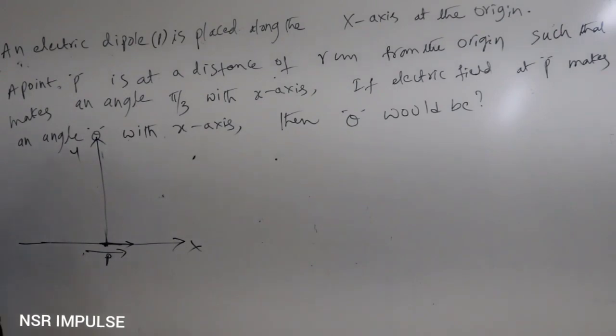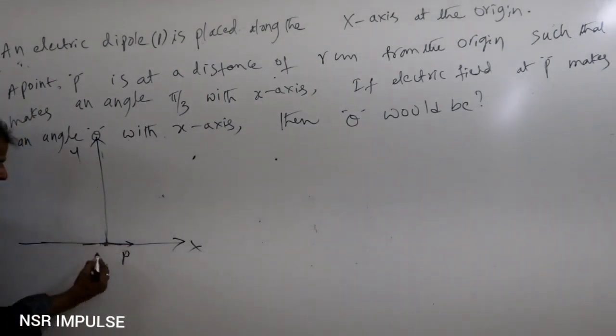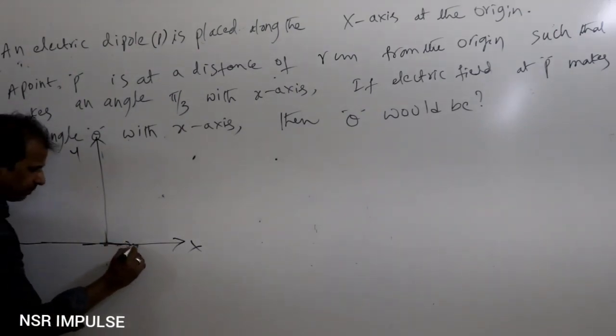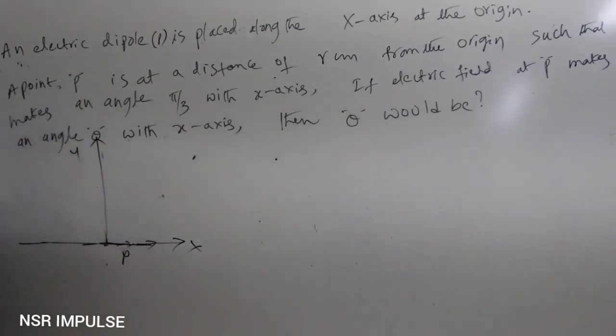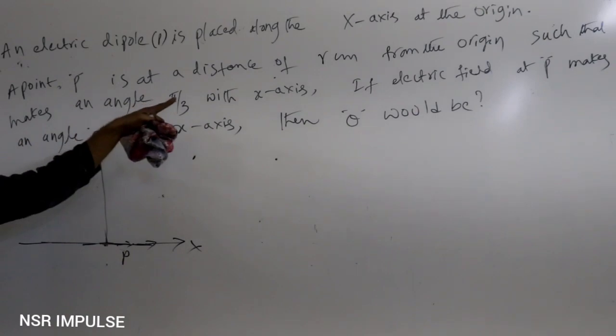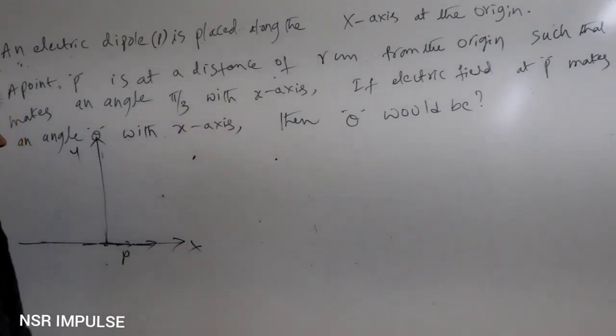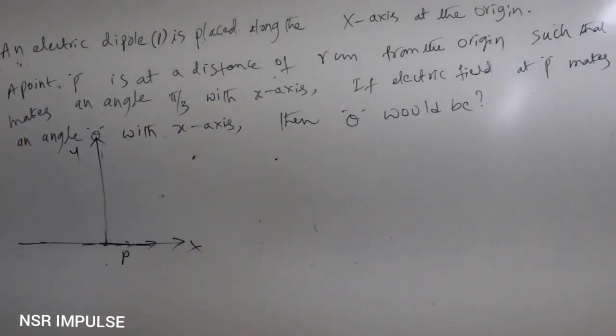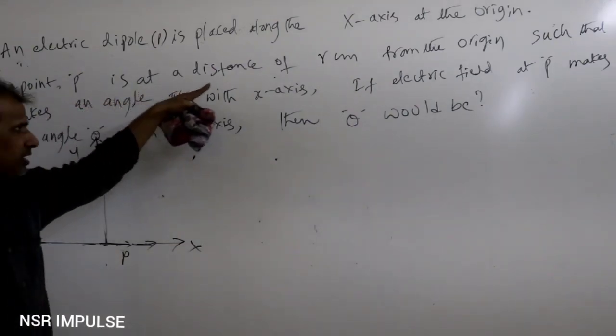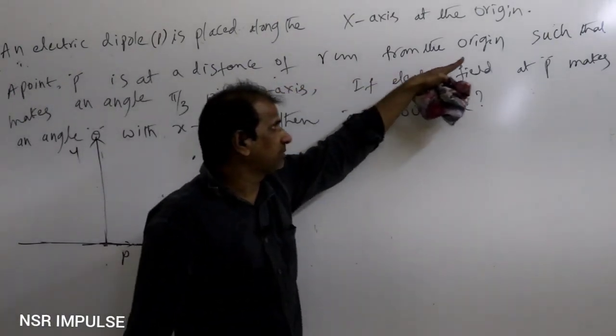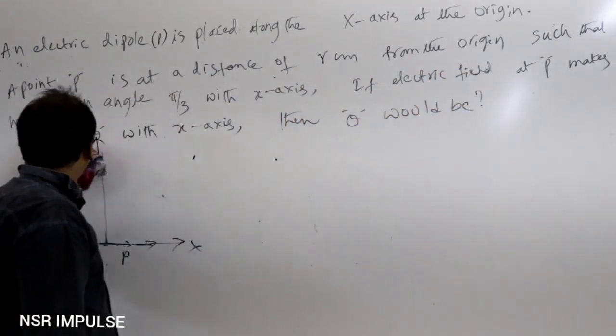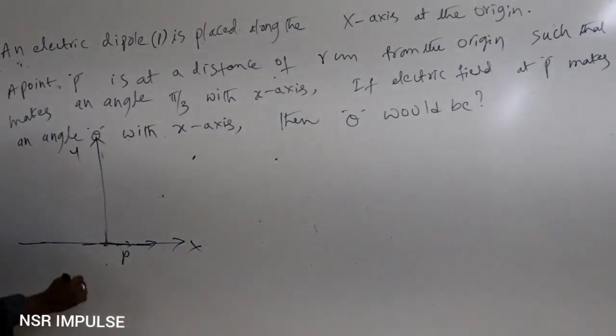So at the origin means, if we consider in this manner, we have to consider dipole P, and a point P is placed at a distance of r centimeter from the origin such that OP makes an angle pi by 3.